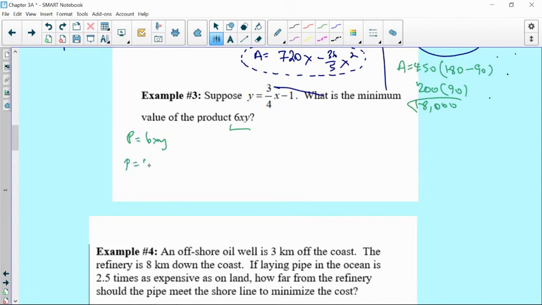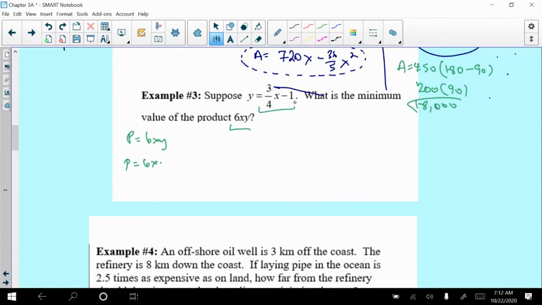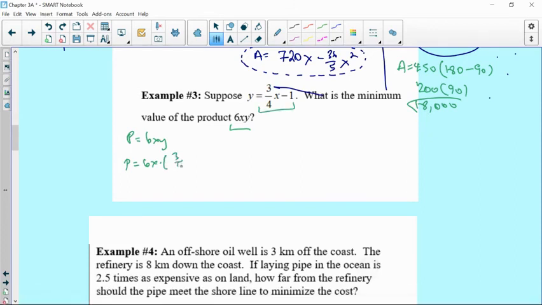So 6x times 3/4 x minus 1. So you can distribute. So that's 18x squared over 4 minus 6x. And if you wanted to reduce, certainly you could. The product would be equal to 9/2 x squared minus 6x.